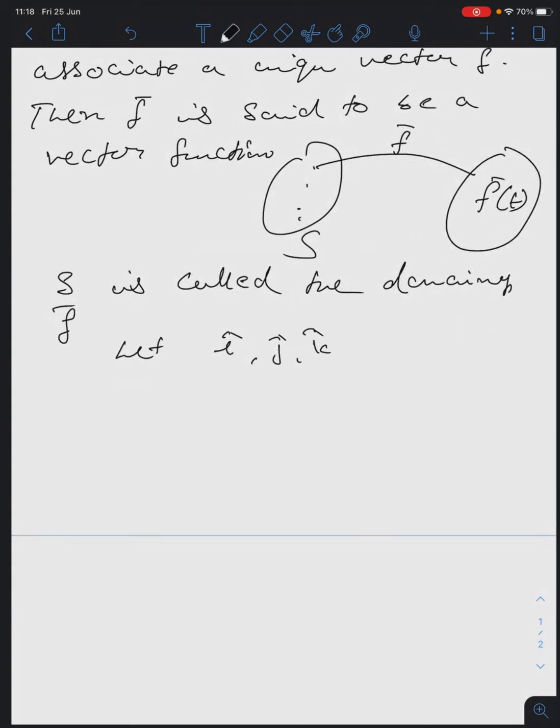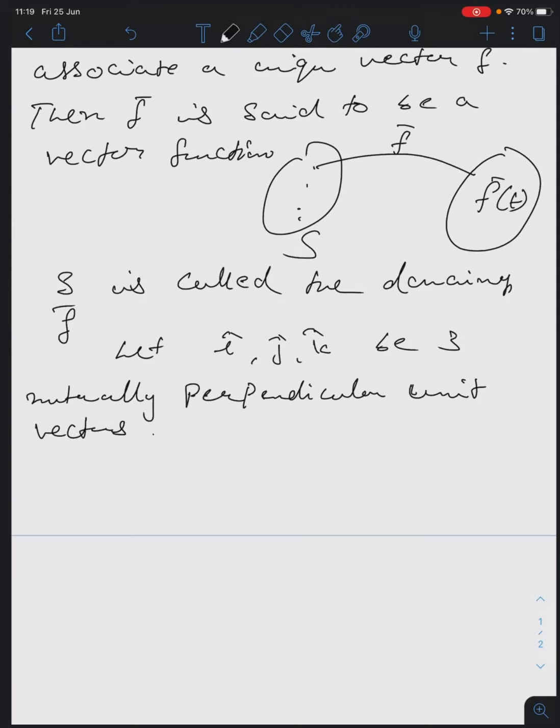You can write them with a bar also. Assume these to be three mutually perpendicular unit vectors in 3D space.